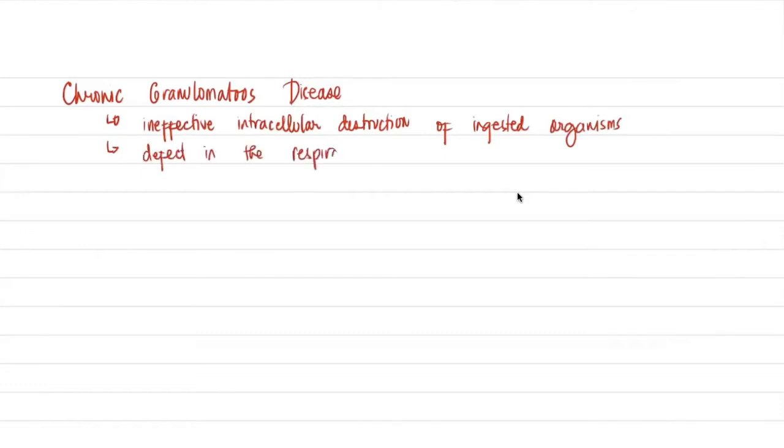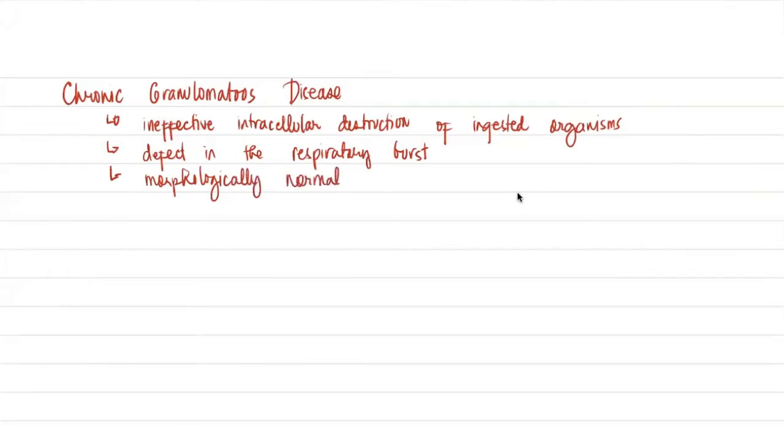The WBC cannot mount the respiratory burst wherein there is production of reactive oxygen species. These reactive oxygen species are necessary in order for us to be able to kill the ingested organism. In the case of chronic granulomatous disease, if we check the WBC morphologically, it is actually morphologically normal.